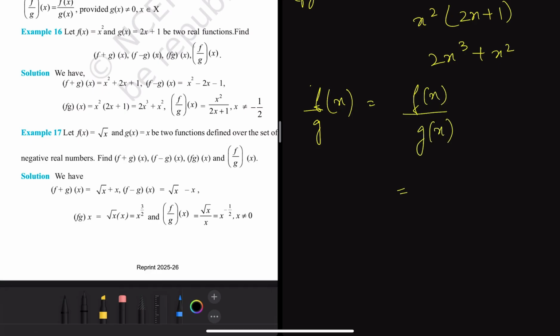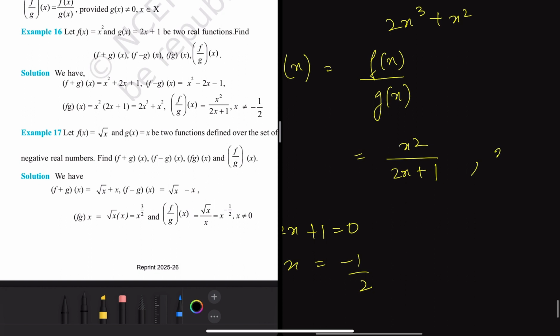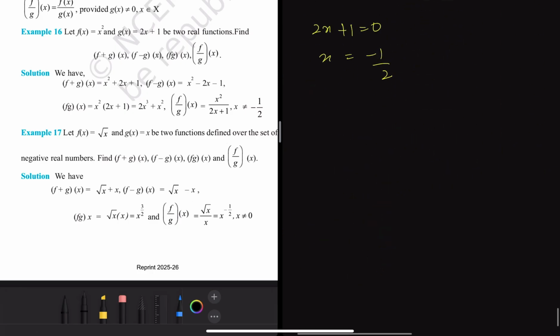So this will be x square upon 2x plus 1. But now you know that we need to check when the value of 2x plus 1 will be 0. So 2x plus 1 will be 0 at x equal to minus 1 by 2. So it's important for you to write that x does not equal minus 1 by 2, because then this term will not be defined.